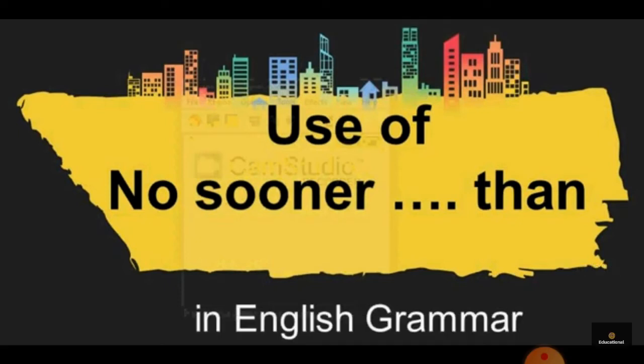So first form of the verb plus than, and then the remaining part of the sentence, it may be 2 words, 4 words, anything, whatever is left, that you have to continue writing. Again I will repeat: no sooner plus do or does according to the sentence, plus the subject, plus first form of the verb, plus than, plus remaining part of the sentence.